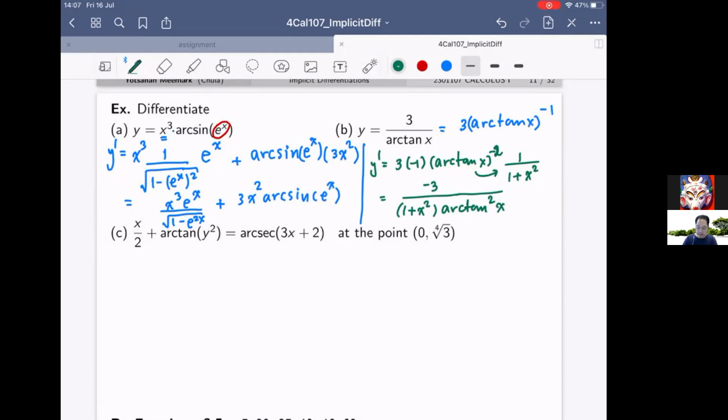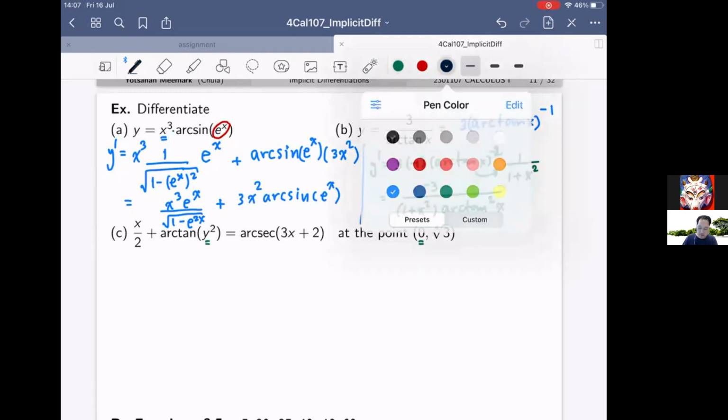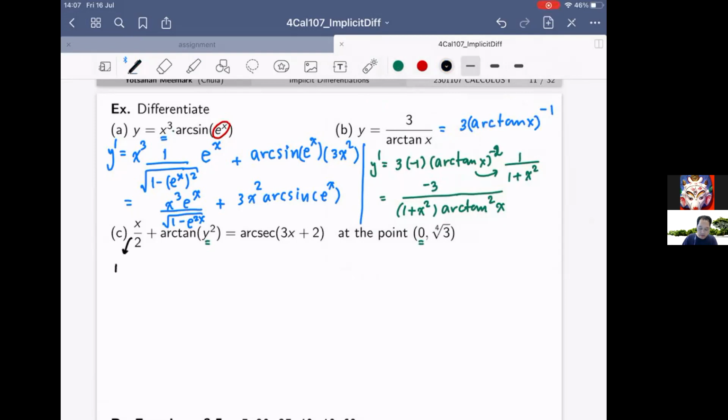How about this one? You see that it is implicitly defined, right? Your y squared is within all the other functions, so it means that this one is an implicitly defined function. So if you want to find the derivative at this particular point, you simply find the derivative of each term on both sides. The first one will be the derivative of x squared over 2, so you get 1 over 2.